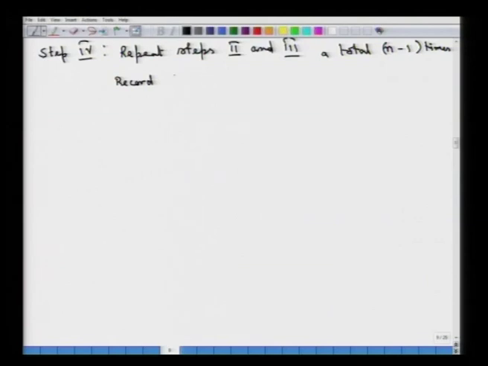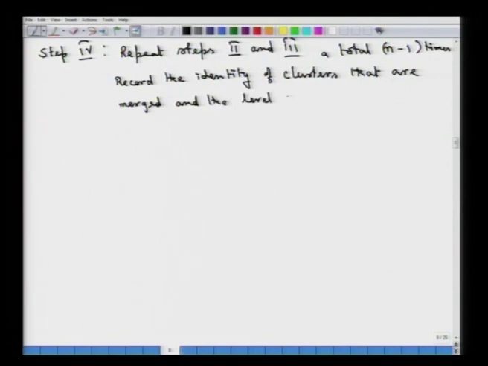We will have to record the identity of clusters that are merged at different levels, and the levels at which they are merged.